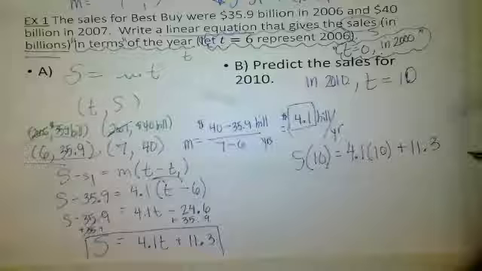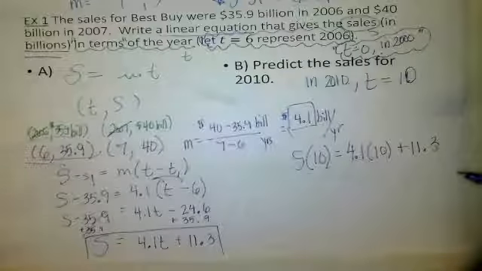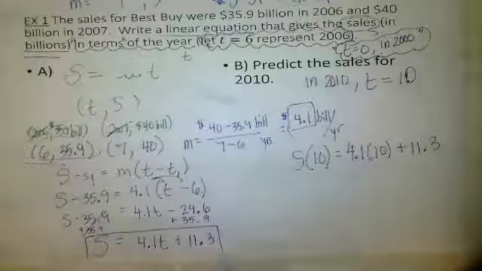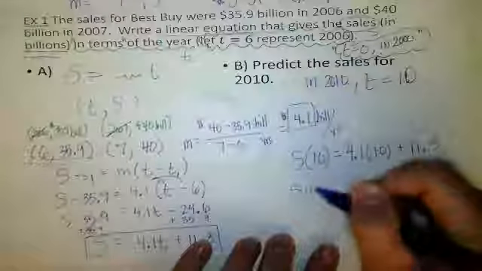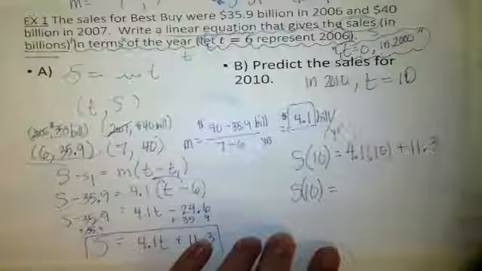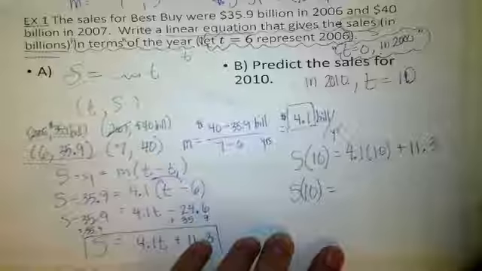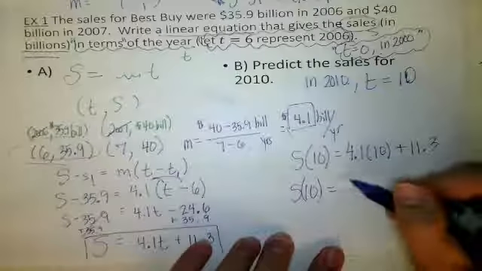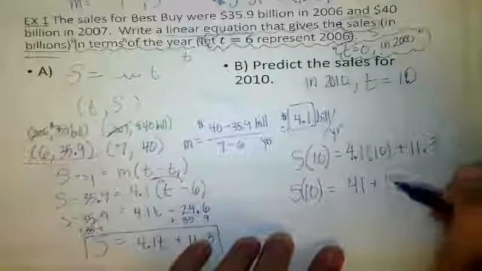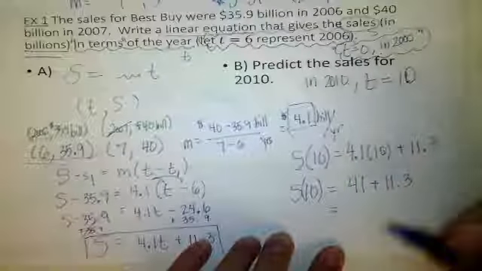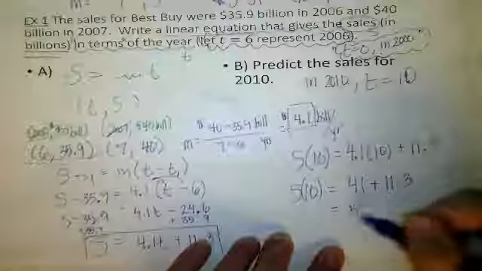It's $11.3 billion. Okay, and that's where I'm going to get you. That 41 plus 11.3. Yeah, and that would be 52.3.